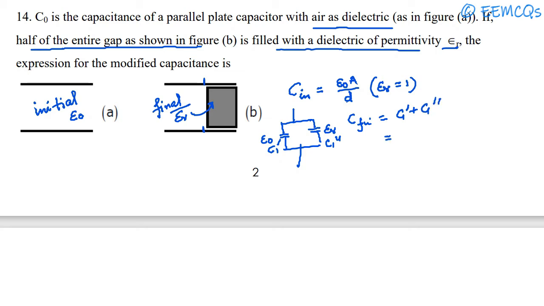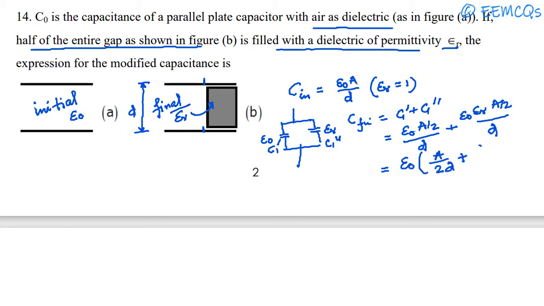So C1 dashed will be epsilon 0 into A by 2 by D, if we take this length to be D, and C1 double dashed will be epsilon 0 into epsilon r into A by 2 by D. So taking epsilon 0 common, A by 2D plus epsilon r into A by 2D. Okay, so we know that epsilon 0 into A by D is C initial.